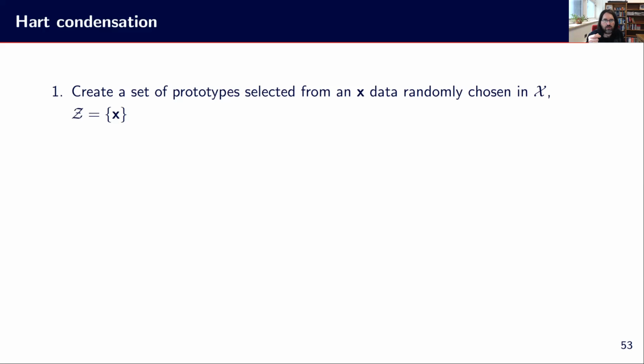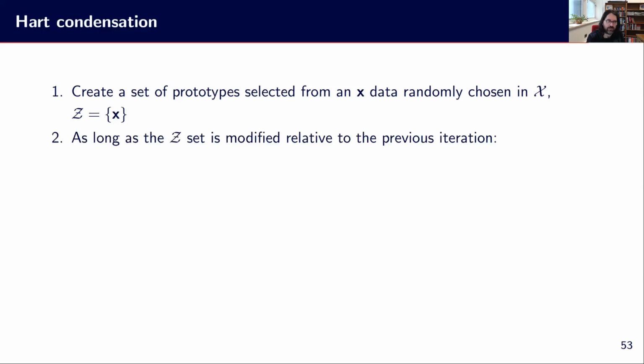We are selecting, in fact, one data here. That's the point. It's not one per class. So we have one sample here that is randomly picked from our data set X. This is the initial set from Hart condensation from which we are starting.